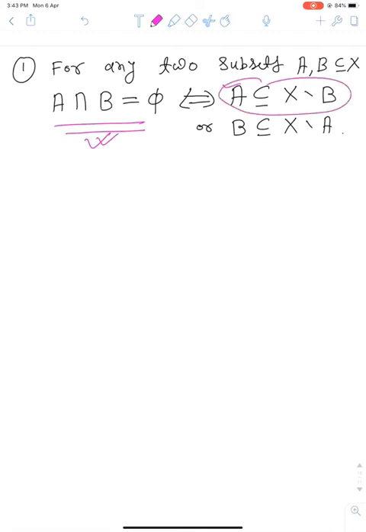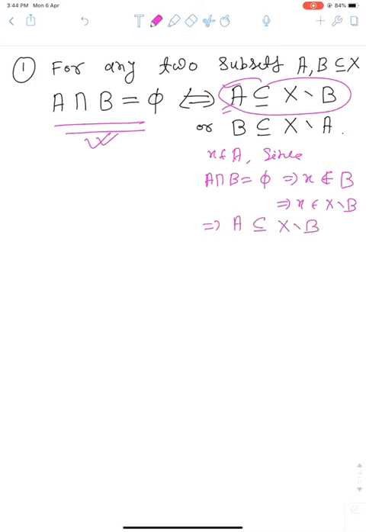Now choose a point x belonging to A. Since x belongs to A and A intersection B is empty, x cannot be in B, that implies x belongs to X minus B. Therefore A is a subset of X minus B. And similarly we can prove that B is a subset of X minus A. And this is true conversely as well.